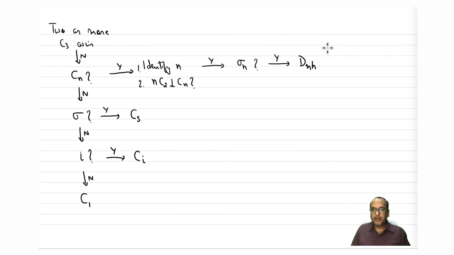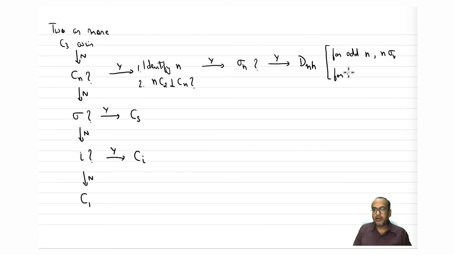now this has a special case for odd n. If n is odd, there are n sigma v's. Of course there is one sigma h, and then n sigma v's are present.